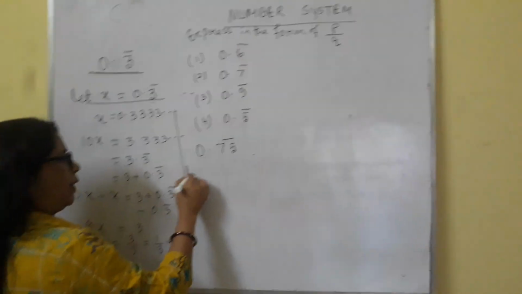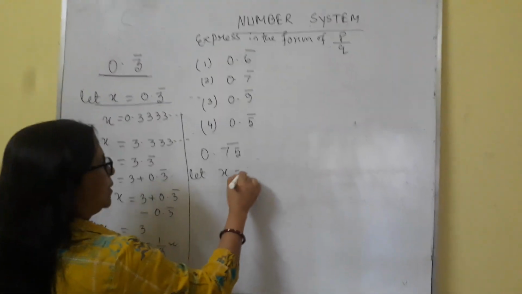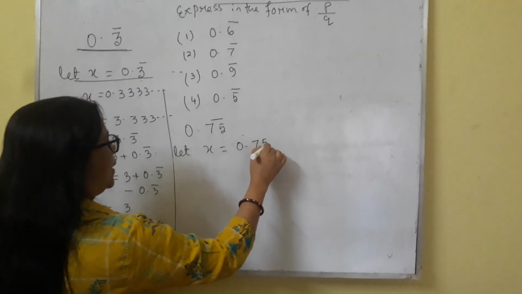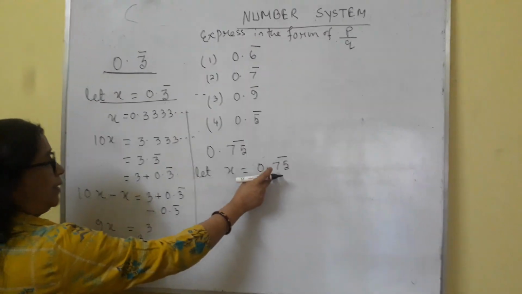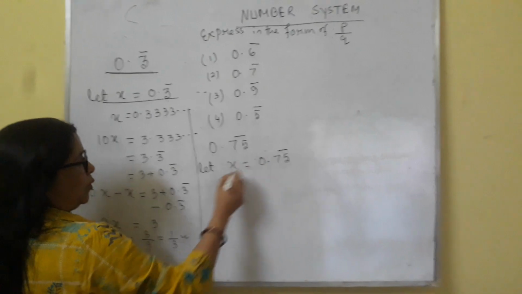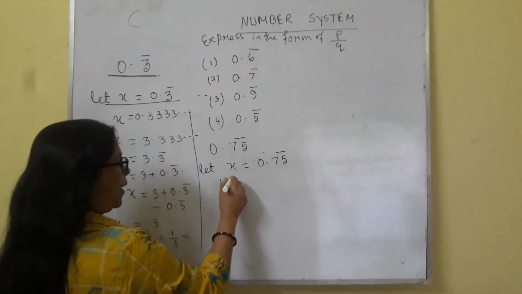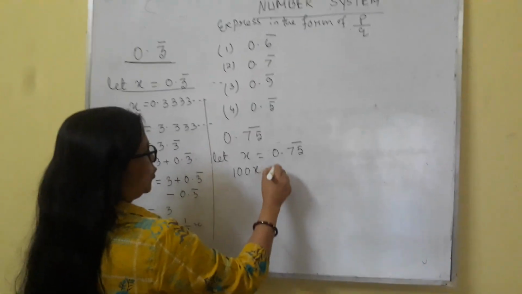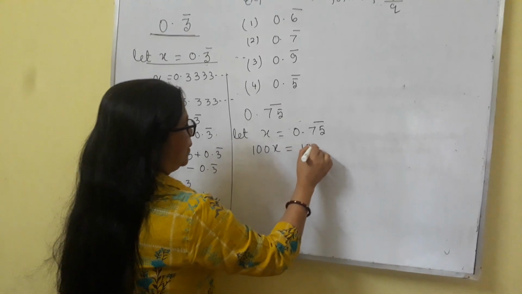Same method. Again we consider x equals 0.75 bar. After the decimal, 2 digits are there. So instead of 10, we multiply with 100.